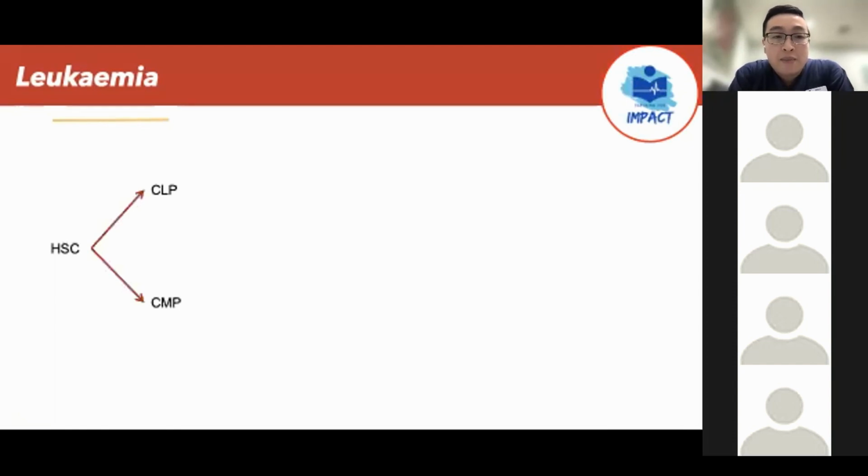The hematopoietic stem cell differentiates into 2 main cell types, either a common lymphoid progenitor, CLP, or a common myeloid progenitor, CMP. The common lymphoid progenitor then gives rise, after multiple rounds of differentiation, to 3 types of lymphocytes.